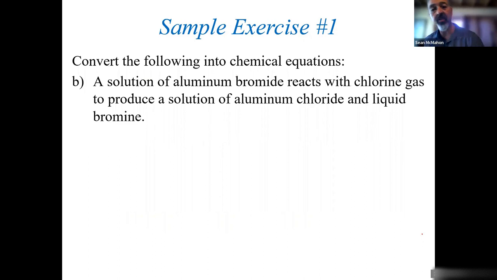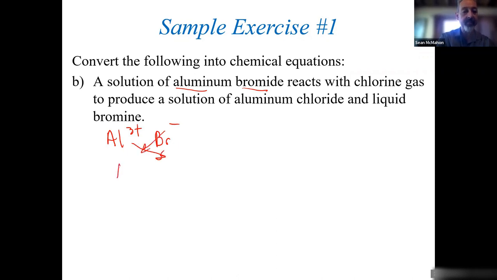So again, a solution of aluminum bromide. So aluminum's a metal, bromide's a nonmetal, so I have to think of charges. I need a crisscross. And it's a solution. Reacts with chlorine gas. Okay, so now chlorine is an element.